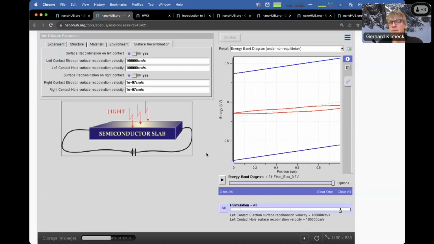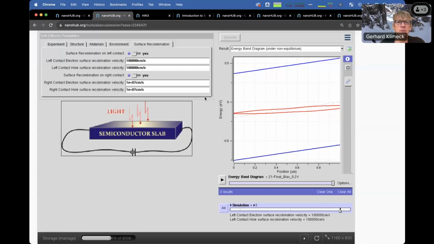We'll see that next week on p-n junctions, etc. So the tool by itself does it automatically. It doesn't assume a linear potential per se. The potential can come out linearly given these conditions.